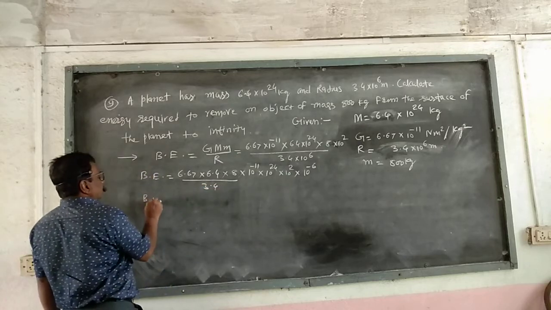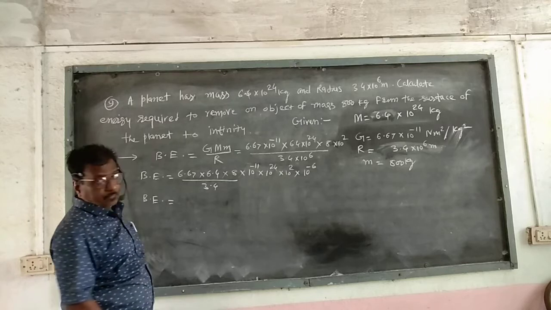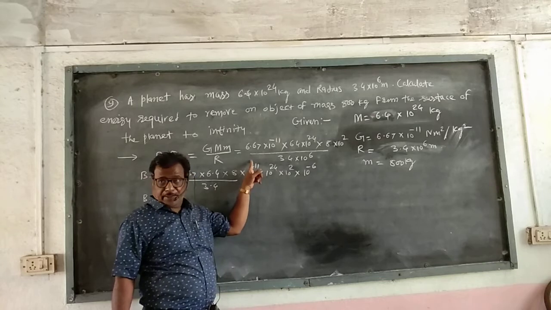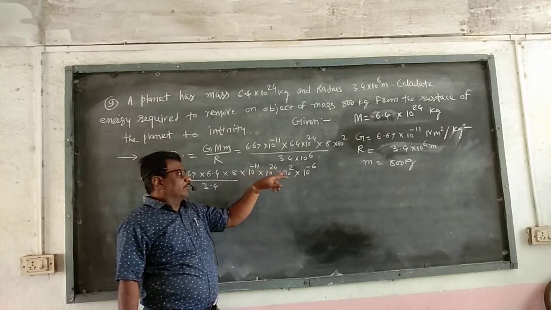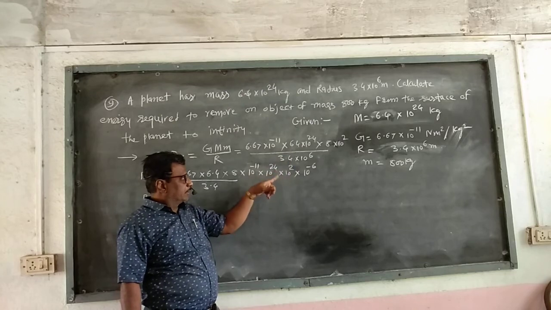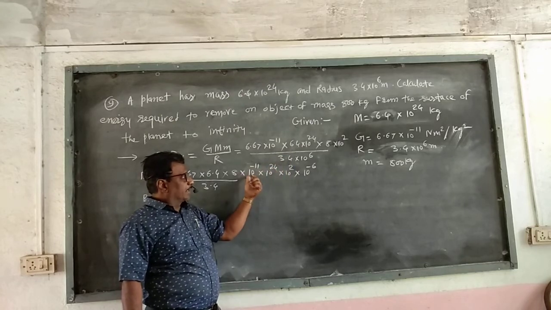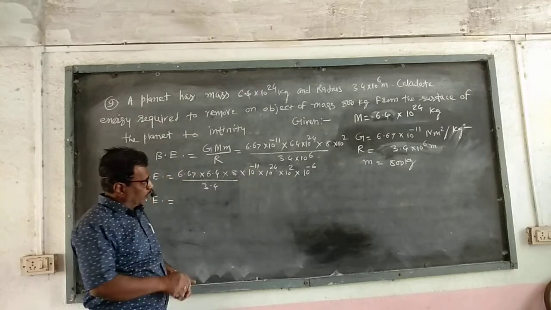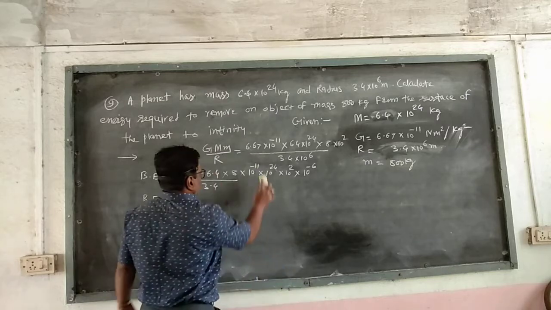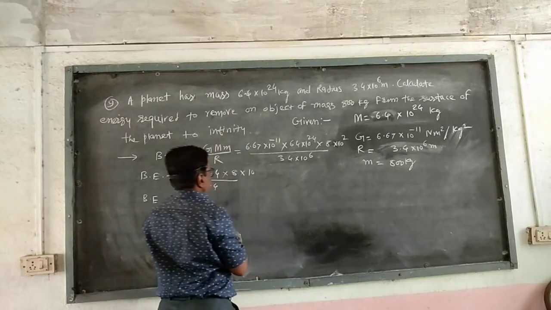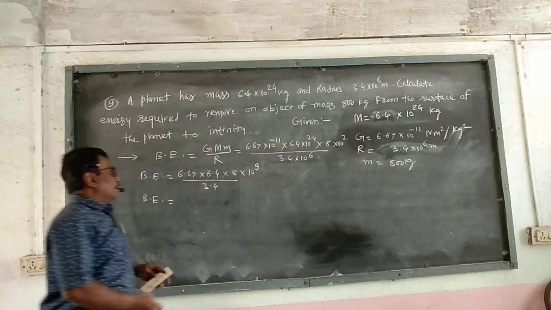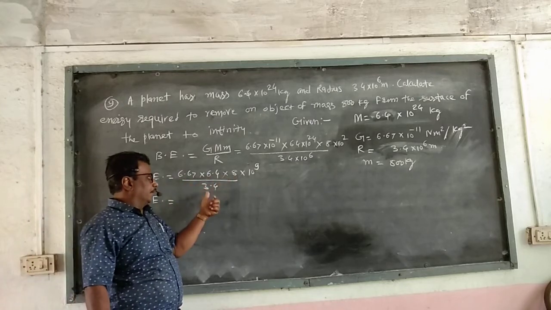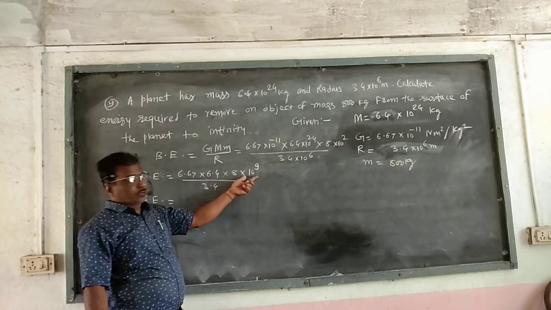So 10 to the power minus 11 minus 6 plus 24 plus 2, that is 10 to the power 9 remaining. So binding energy is equal to 6.67 into 6.4 into 8 divided by 3.4 into 10 to the power 9.